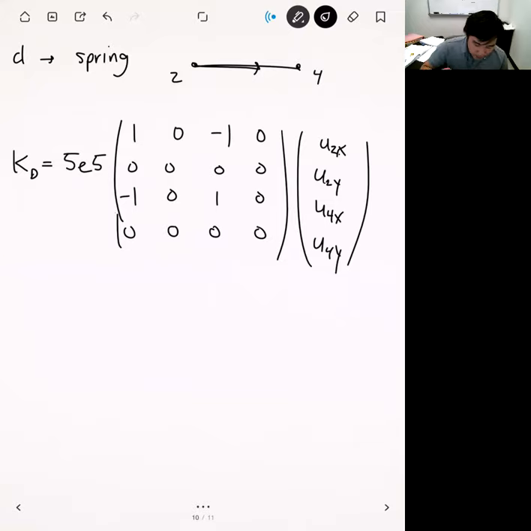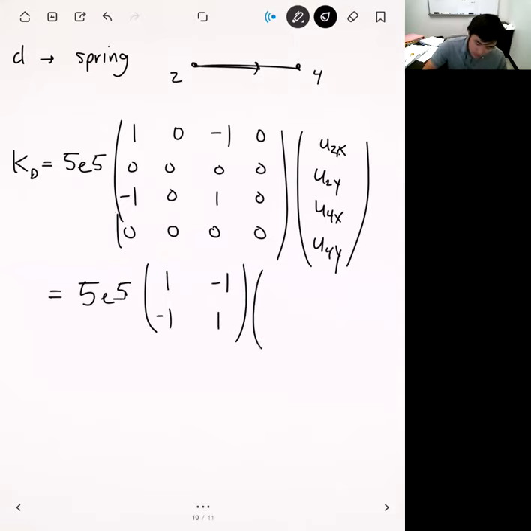Okay. We can actually simplify this, and so it could save you a little bit of writing, but you have to be a little bit careful when doing this. Okay. And so because this is a perfectly horizontal element stiffness matrix, you can reduce this to actually a 2x2 system. Okay. And so what you can say is this is going to be 5E5, okay, and our usual 2x2 element stiffness matrix.